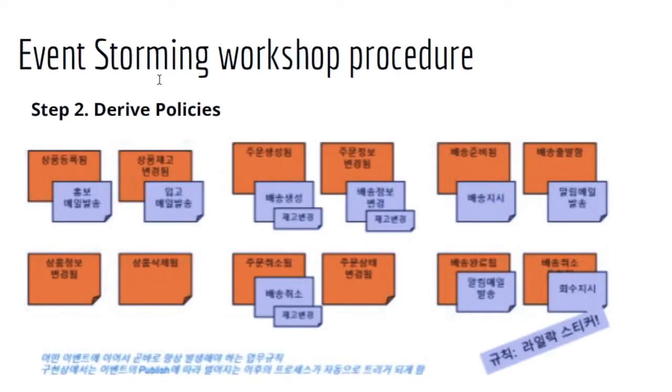And then step 2 is to derive policies. So it is about policy derivation. A policy is a reactive action that occurs one after another after an event has occurred.